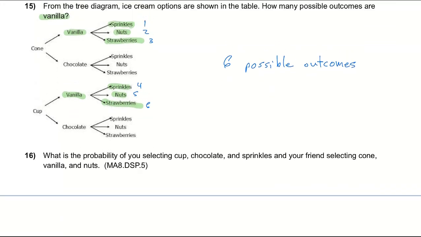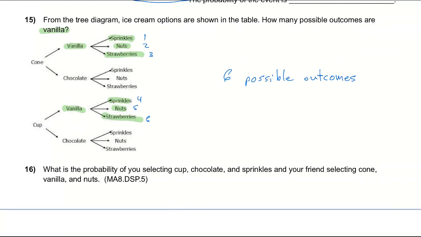And number 16, what is the probability of you selecting a cup of chocolate ice cream and sprinkles? So I'm going to use a different highlighter color here for this one. Cup of chocolate ice cream with sprinkles. Okay. Here's our cup, here's the chocolate ice cream, here's the sprinkles. There is only going to be one possible outcome.